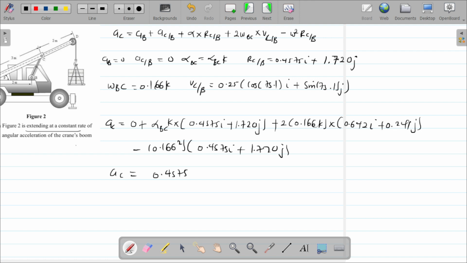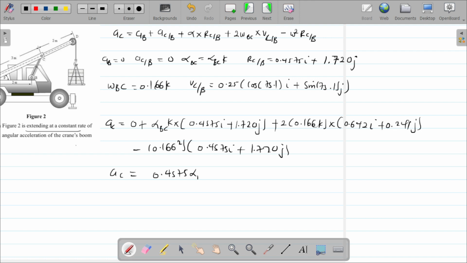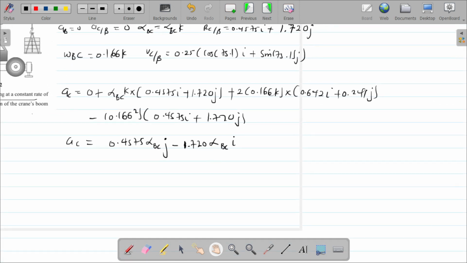So AC will be equal to, if you cross this, we have 0.4575 alpha BC, K cross I is J, and then K cross J is negative I, so negative 1.720 alpha BC I. Go down with the first guy.